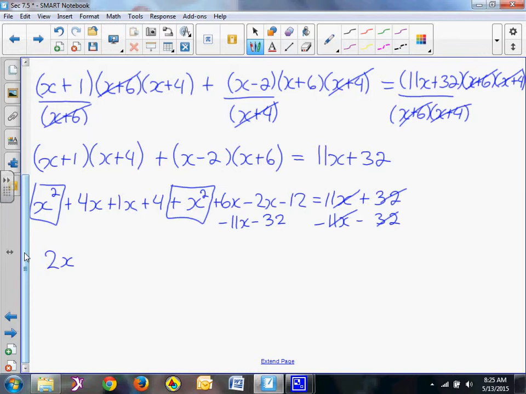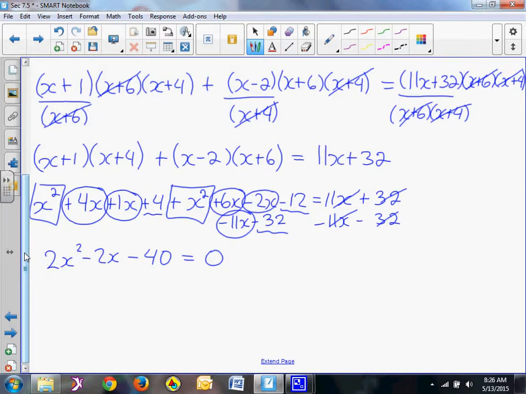And then I have a plus 4x, a plus 1x, a plus 6x, a minus 2x, and a minus 11x. So 4 plus 1 is 5, plus 6 is 11, minus 11 is 0, minus 2 is negative 2x. I'm just going to double check this. Okay, that's what I have. And then I have 4 minus 12, which is negative 8, minus 32, which is minus 40, and this is equal to 0.